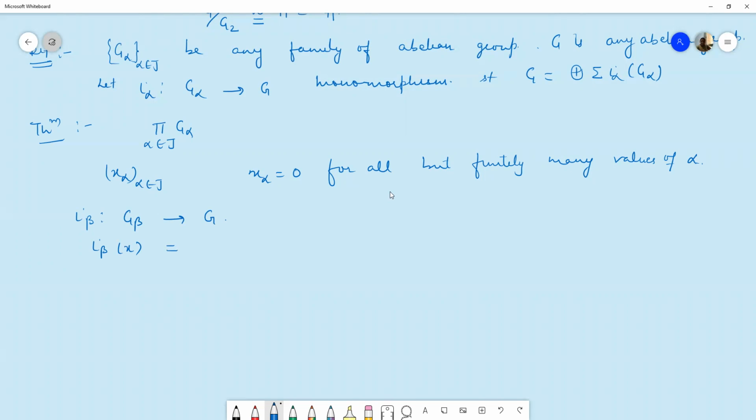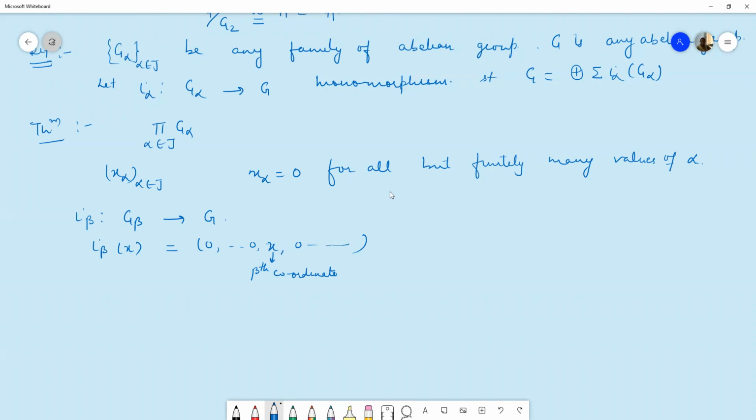Because x belongs to G beta, this x is basically equal to x beta. So I beta x we define as all the elements 0 except for the beta coordinate, which is equal to x, and all others are again 0. Now this is the beta coordinate, because we are assuming this x belongs to G beta.